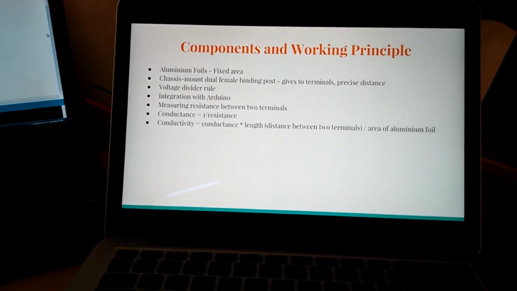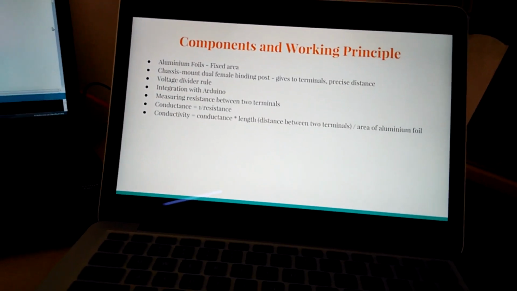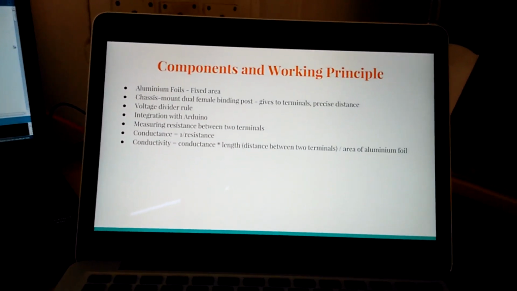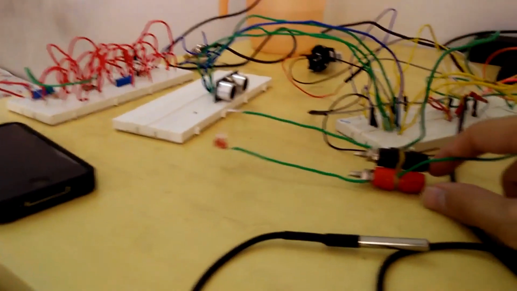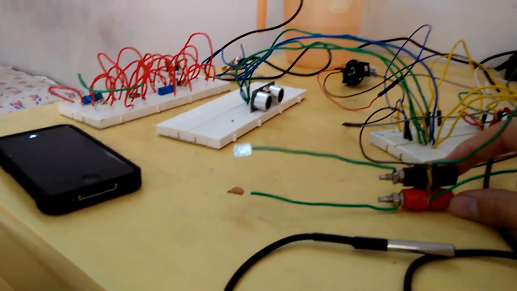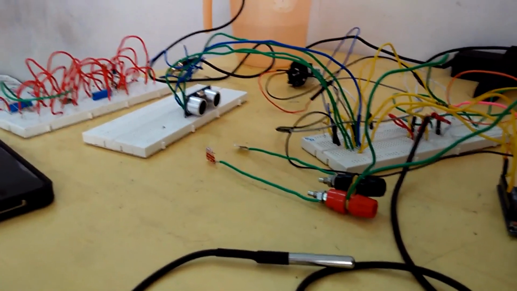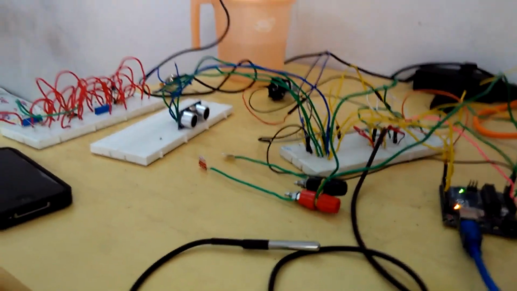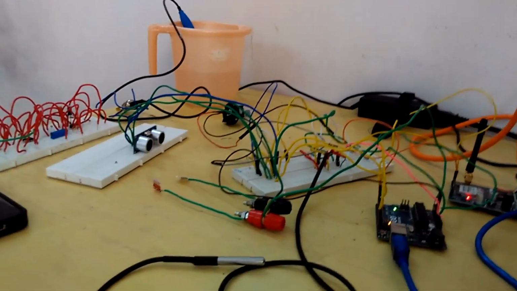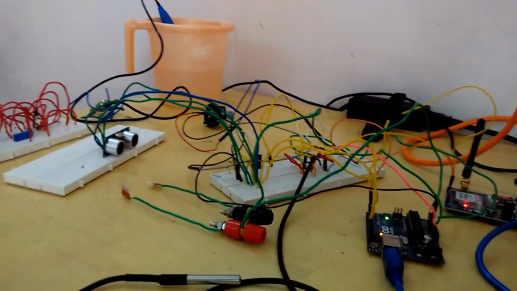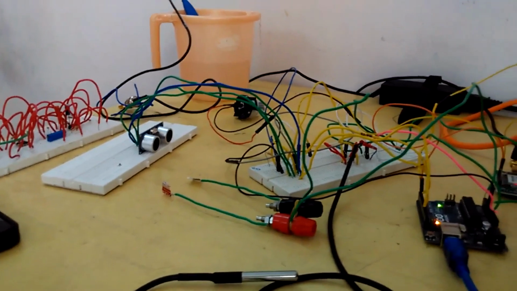So it basically works like a capacitor. When we dip these two aluminum foils, which have an approximate square area, in the sample, some potential is developed across them.